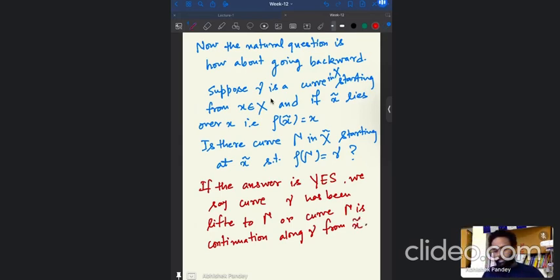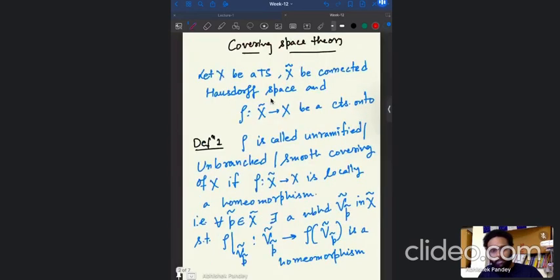Okay, so this is the question. Now you'll see some examples where we don't always have a lifting. I mean to say that lifting is not always possible.